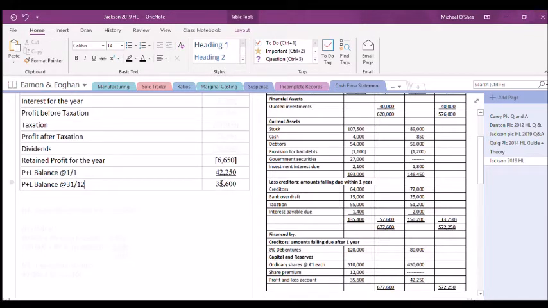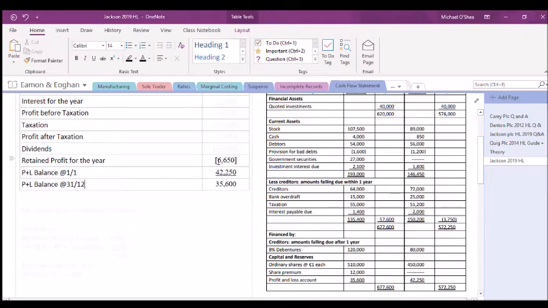We have to work our way up, so it's a little bit more difficult. You have to think about, okay, what's this figure going to be? If I work my way down, I'd add this figure onto this one to get this one. So if I have a figure here, X, and I add 42,000, my answer is 35,600. Therefore, X is about minus 7,000.